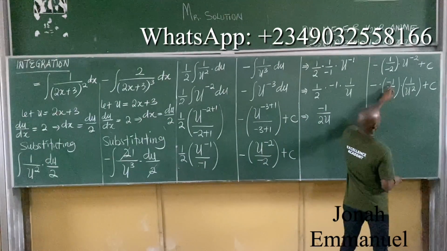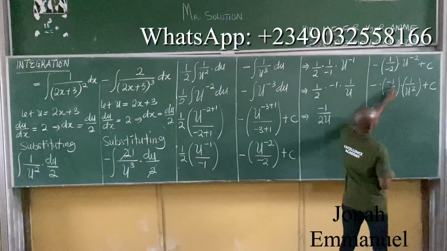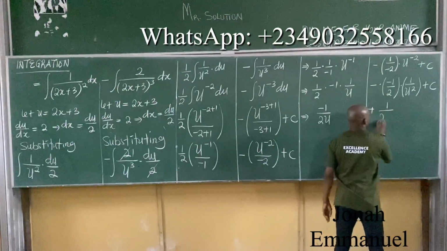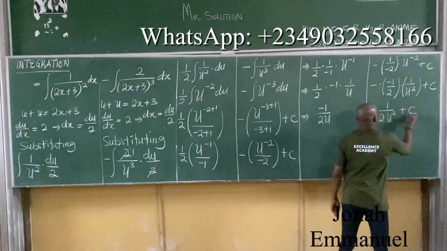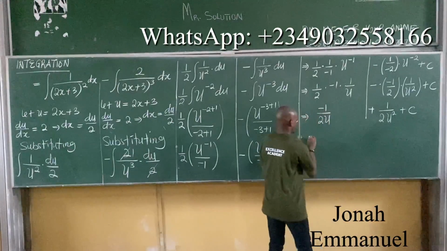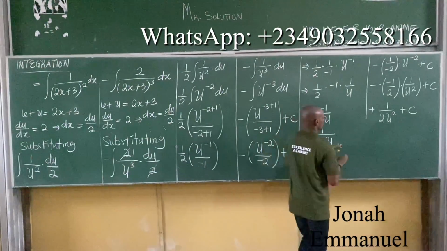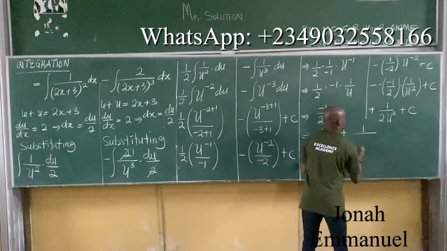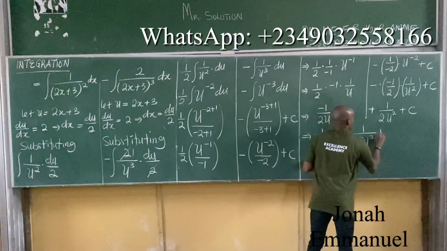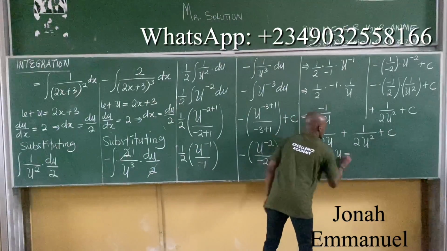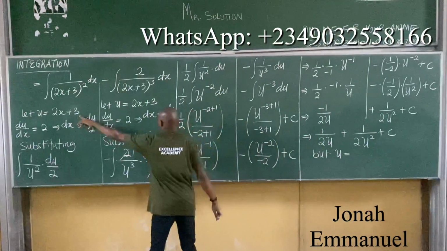Minus, so minus minus gives you plus 1 times 1 is 1, all over 2 times u squared, which is 2u squared, plus c. So I now have this as being equal to minus 1 all over 2u plus 1 all over 2u squared plus c. But u is equal to 2x plus 3.